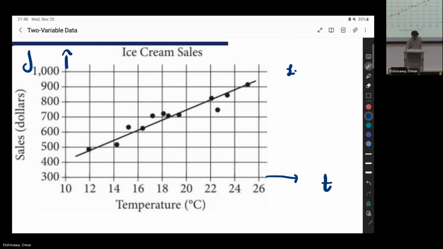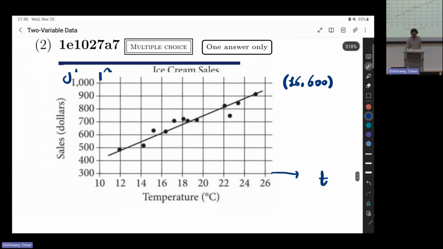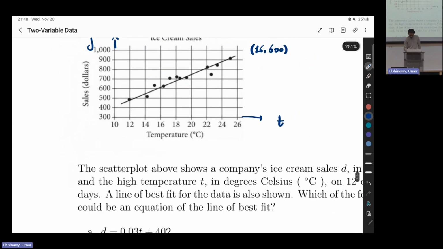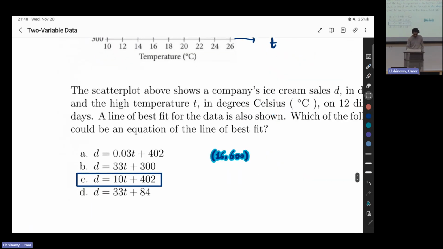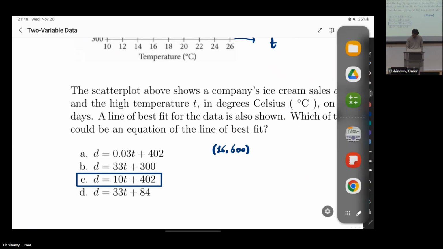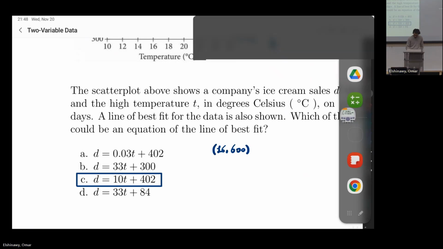Yeah. So almost 600, okay. Ah, okay. So you took this point and you're like, okay, let me see which one will give me 600. Okay, that's not a bad way to go. Let's see.